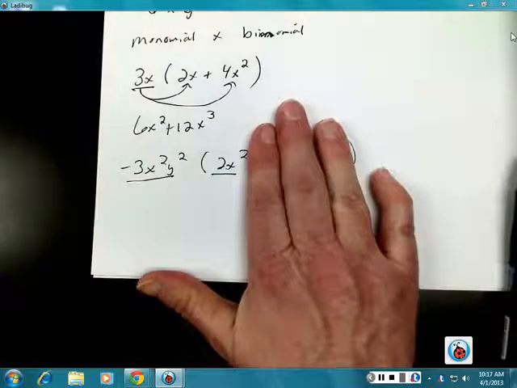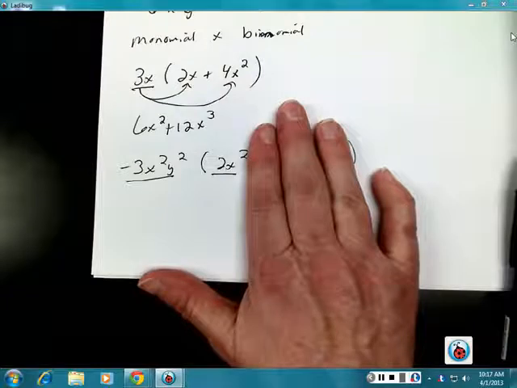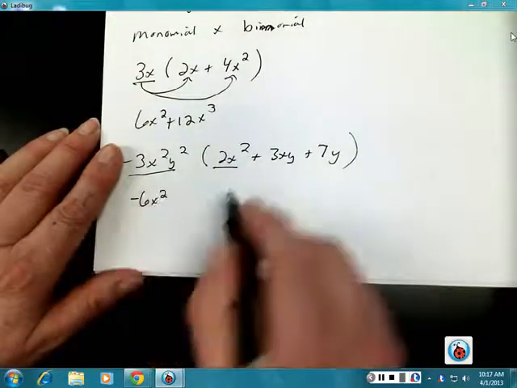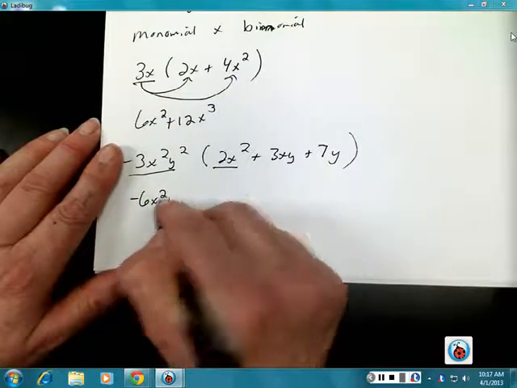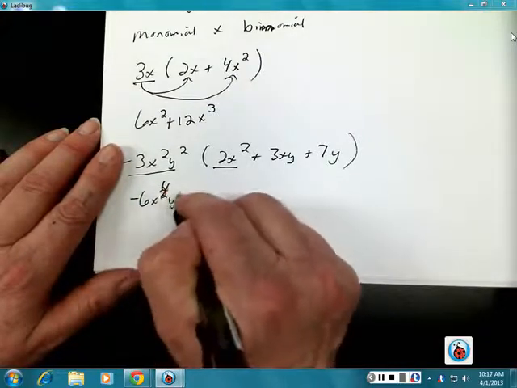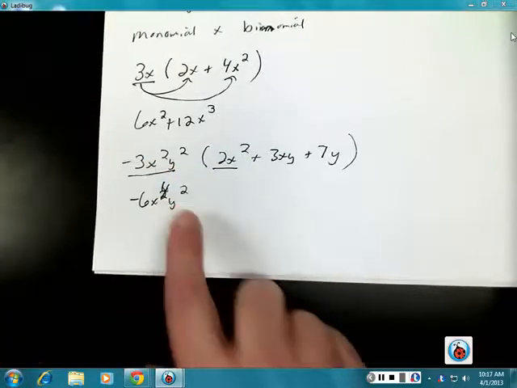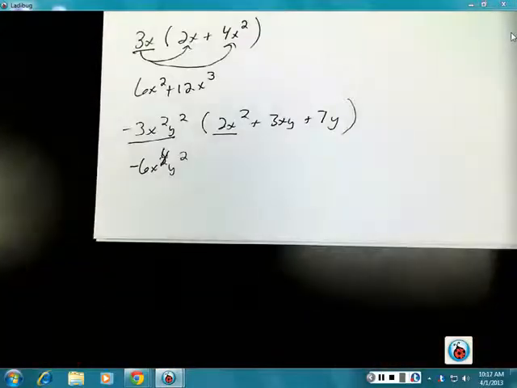So what does that give me? That gives you negative 6x to the 4th y squared. Yes. And if you don't have something to multiply it by, you just simply bring whatever it is along and put it at the tail end, because it still has to be there. It's not like it disappears and goes away. You just times it onto the problem, and if there is y, then you still have to add the exponents.